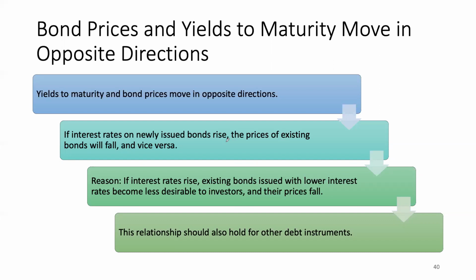And if the newly issued bonds are issued at a lower interest rate, then the price of existing bonds, which were older bonds issued at a higher interest rate, now goes up. So that's the crucial element. It is basic supply and demand which determines this kind of mechanical relationship between yields to maturity or interest rates and bond prices. And this should hold for any other kind of debt instrument which operates in this way.